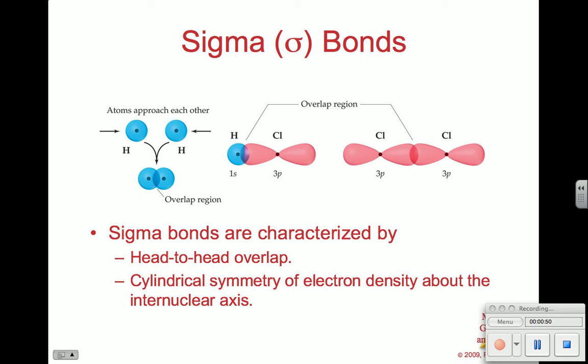If you think of the hydrogen-hydrogen bond, so that'd be hydrogen gas, you have two s orbitals overlapping on the same axes as the nuclei. And for hydrogen and chlorine coming together, chlorine has a p orbital overlapping with an s orbital, but they overlap on the same axes that the nuclei are. So these are what are called sigma bonds.